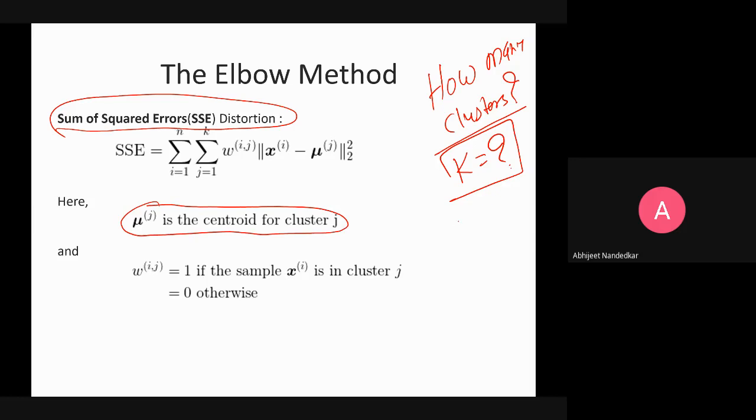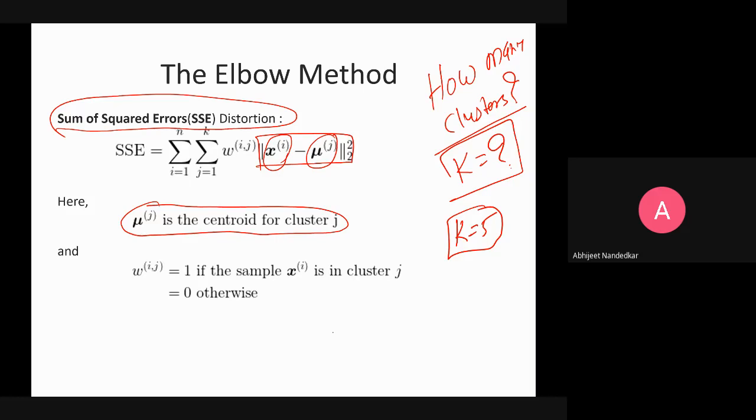Suppose I say k equal to 5. Then I execute the algorithm and I obtain 5 different cluster centroids. Once I obtain that, I calculate the distance from each cluster centroid to each data point that belongs to that cluster.